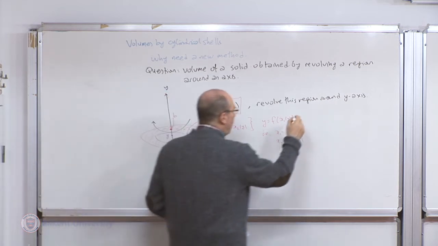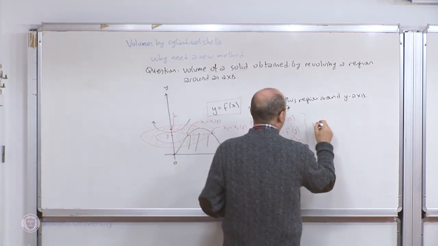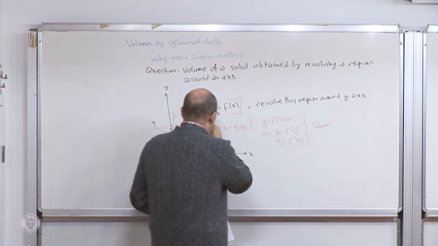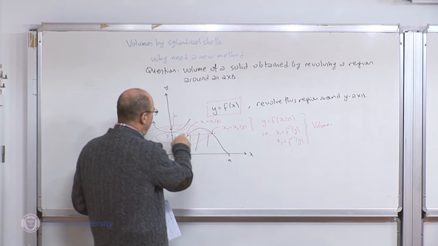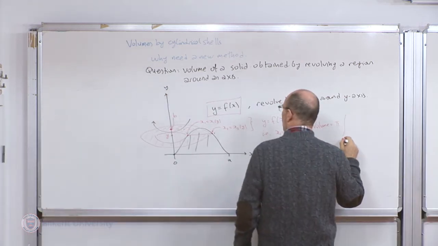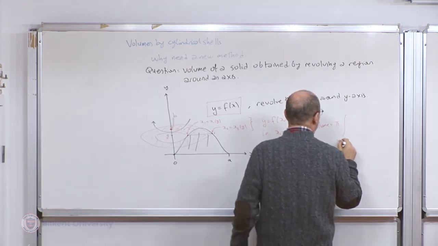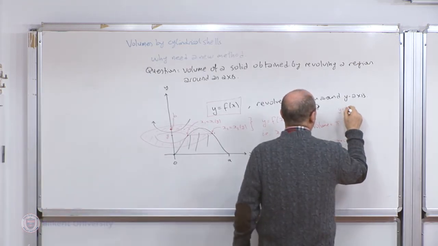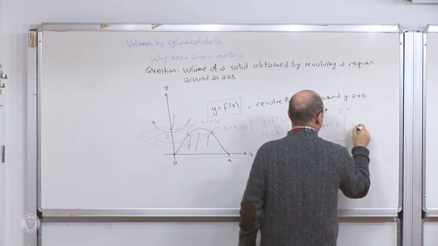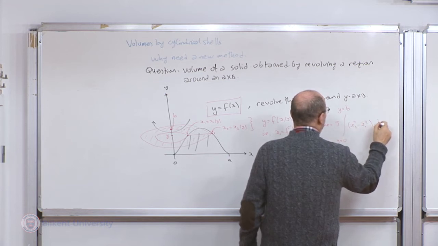So the volume using this will be, okay, pi r squared here. So I'll say pi integral from y equals 0 to y equals b, x2 squared minus x1 squared dy.